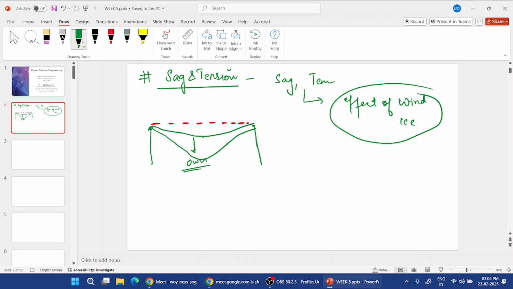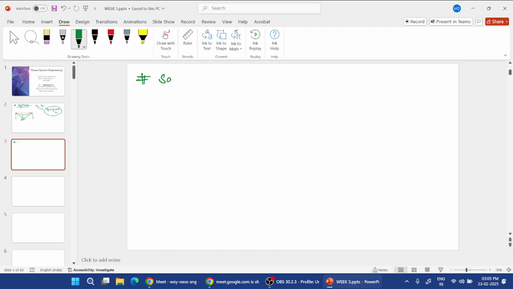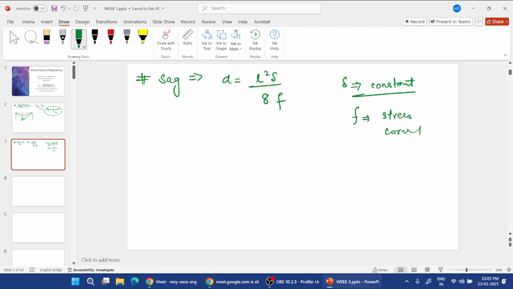I will write down the formula for sag. Sag is calculated, which is maximum at D is equal to L squared del upon 8F, where del is the density of the conductor material, which is a constant, because for any given material the density remains constant, and F is the stress, which corresponds to the tension T. A is the area of the cross section.